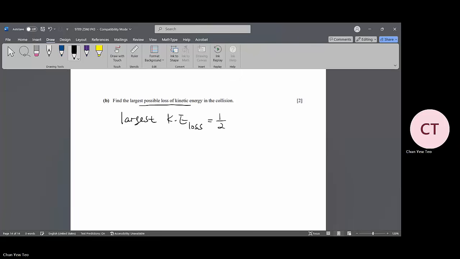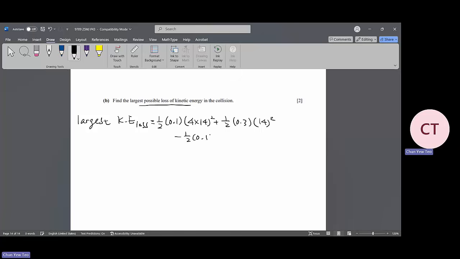The largest KE loss is equal to half of the mass of P times the 4u squared, plus half times 0.3 multiplied by u squared, minus half of 0.1 times 2 squared, minus half of 0.3 times 4 squared.